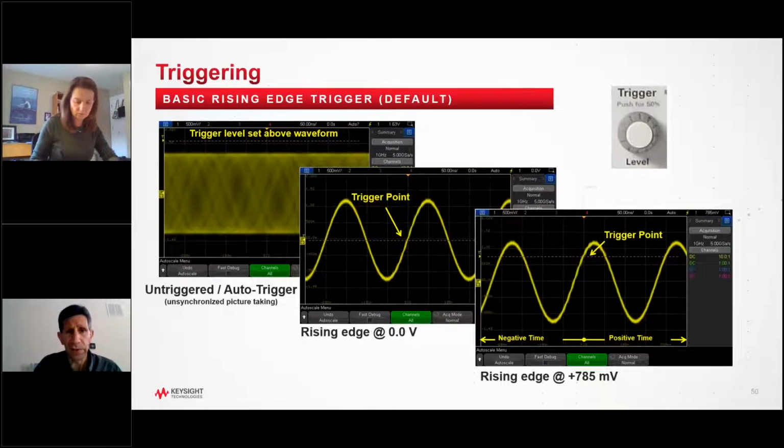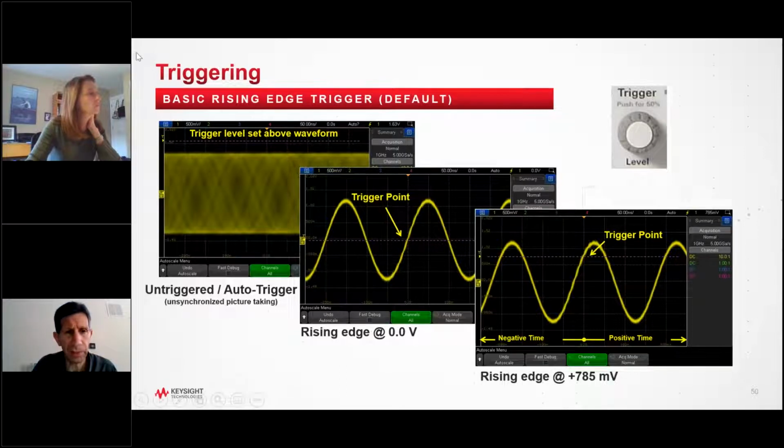All right. So again, most scopes by default use what they call basic edge triggering. So you say a positive edge, a negative edge, or either, and you adjust a trigger level. So if you set a trigger level above or below the signal, you have no trigger. So it's either untriggered or it generally goes into auto mode.